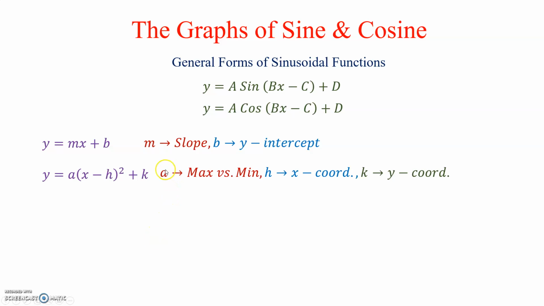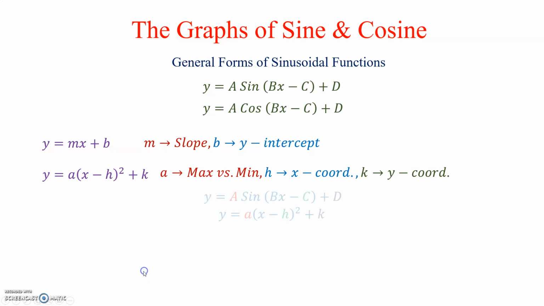We learned that the A let us know something about the vertex. It let us know if the vertex was a maximum or a minimum, meaning if A was negative or positive, it let you know how the parabola opened. The h and the k were the coordinates for your vertex. The h wound up being your x coordinate, while the k was your y coordinate.